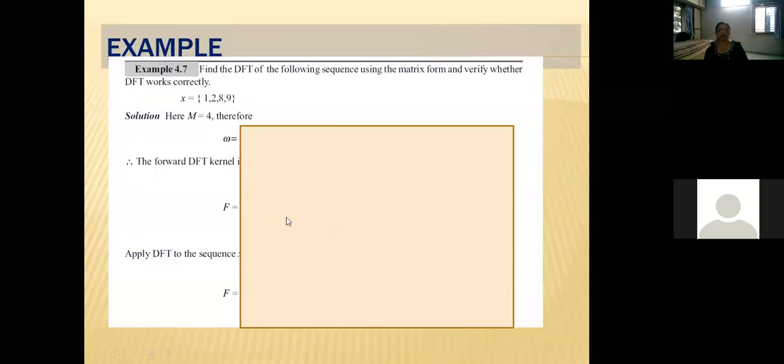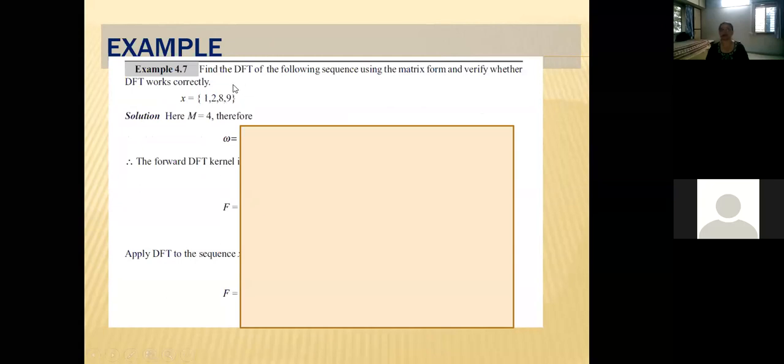Now let us consider one numerical. Find the DFT of the following sequence using the matrix form and verify whether DFT works correctly. So your input sequence X is given as 1, 2, 8, 9.